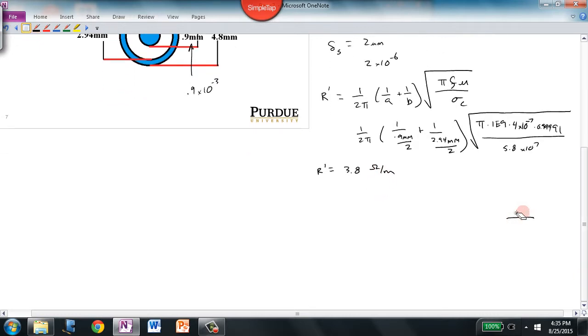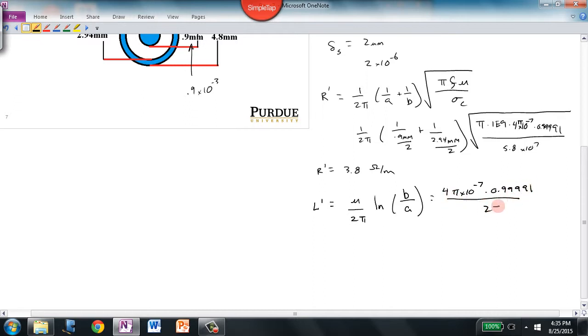We'll now move on to the distributed inductance, L prime. That is equal to the magnetic permeability of the conductor divided by 2 pi times the natural log of the ratio of the inner radius of the outer conductor divided by the radius of the inner conductor. And mu is, again, 4 pi times 10 to the minus 7th times 0.99991.